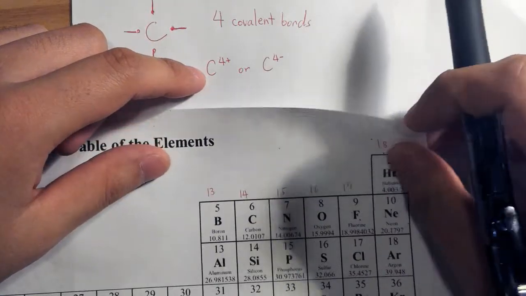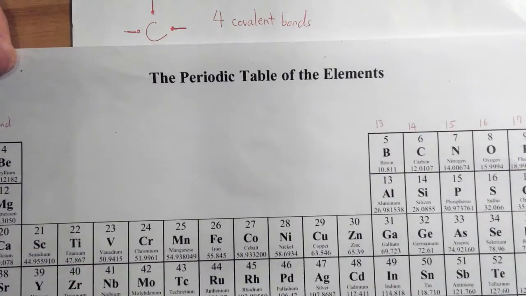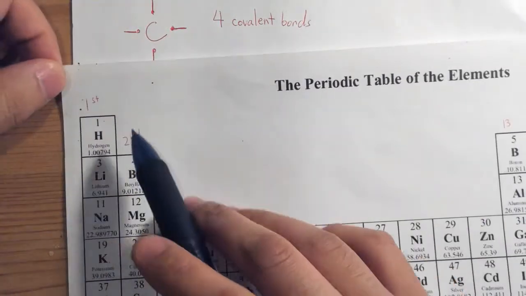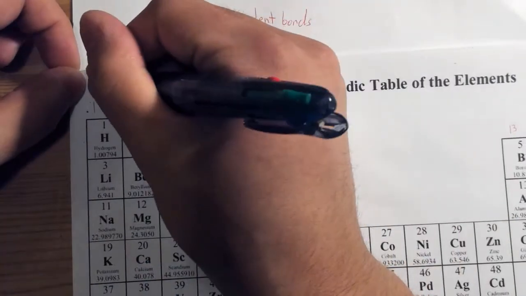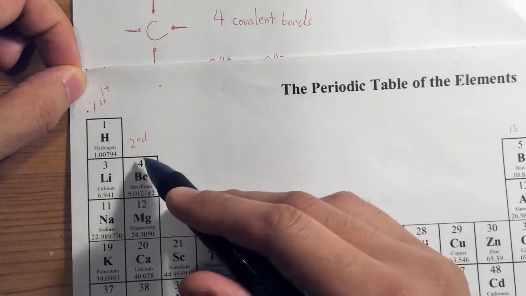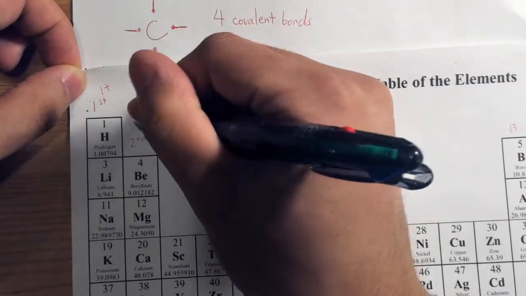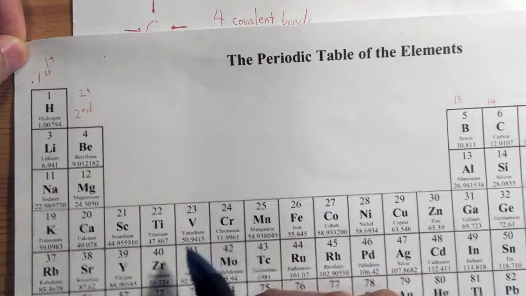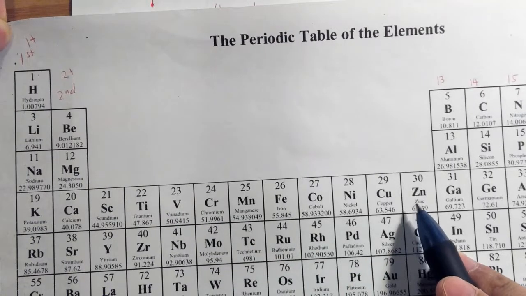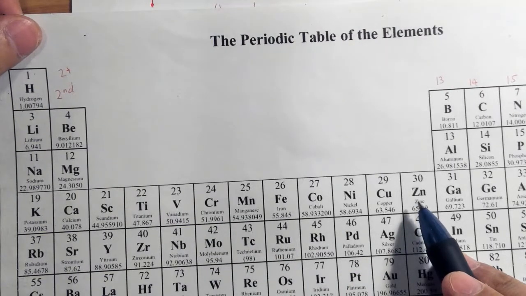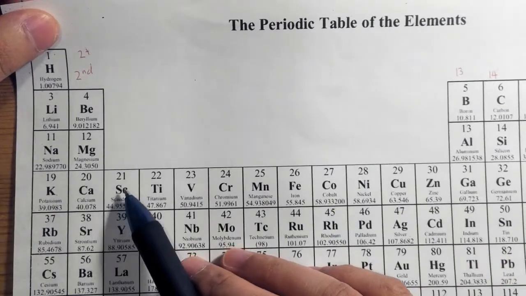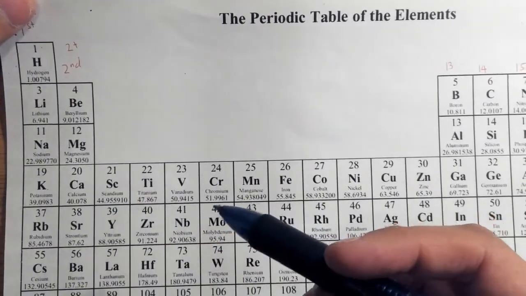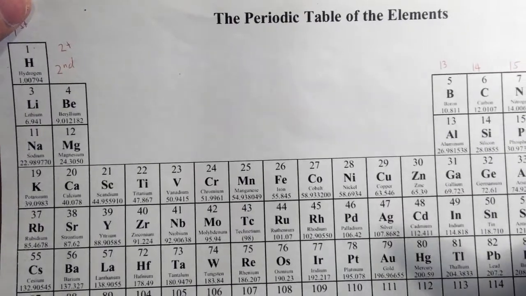All right. And remember this. If you see column 1, then there's going to be a 1 plus charge here. If you see a second column, there's going to be 2 plus. For transition metals, these actually vary, because they can have different charges. This can be a 3 plus or 4 plus, or however many charges it wants to be.